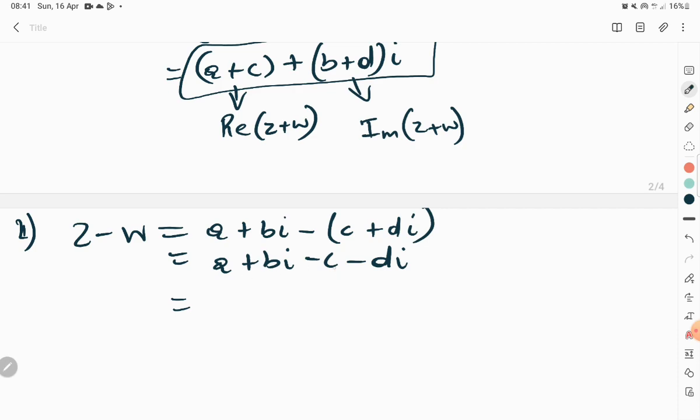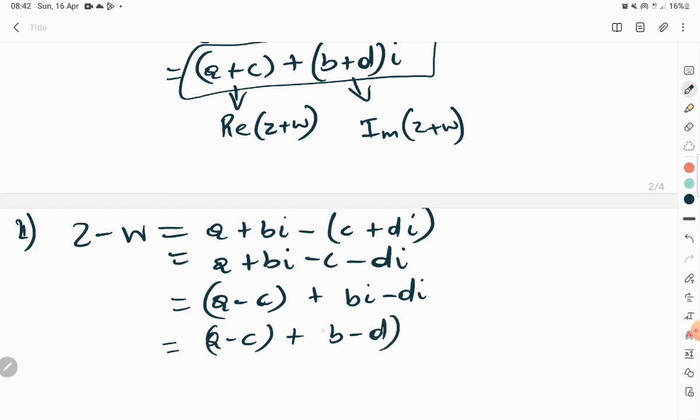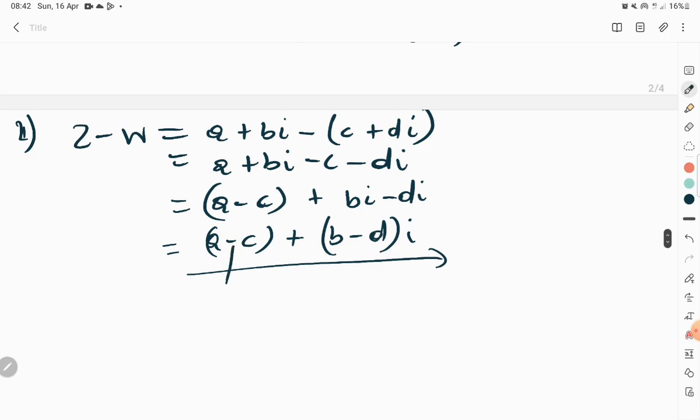The real parts stand on their own, a minus c, then plus bi minus di. We can remove the common factor i, and you end up having b minus d, then i.